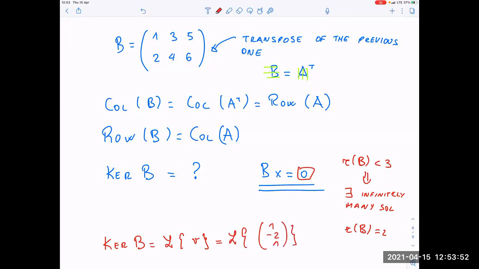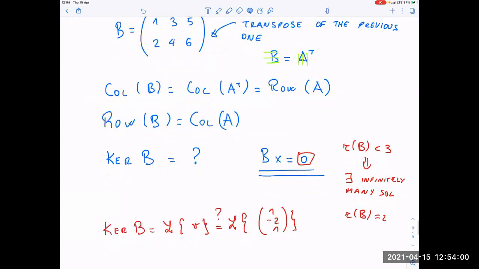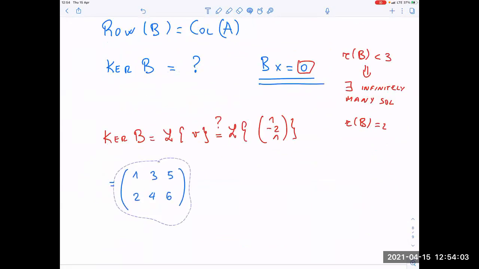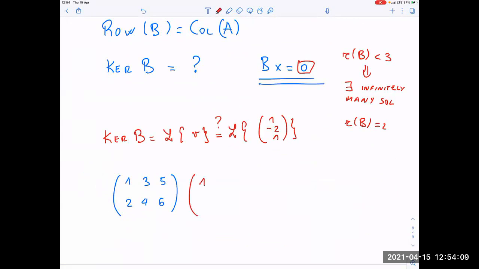And to see if this is correct, so let's put a question mark here, what you need to do is to take the matrix and just multiply it by the proposed solution. So 1, minus 2, 1.